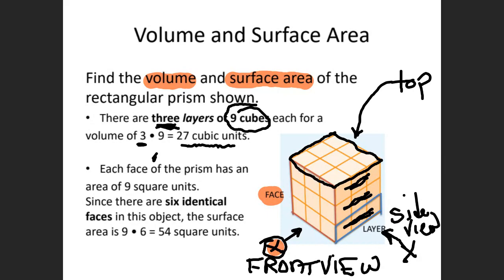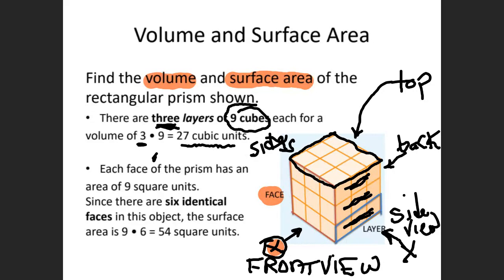If I look at the side view, there are 9 boxes. Now, I know you can't see it, but back here is the back side of the box. That back side has 9 cubes, or 9 little squares. This side view has 9 boxes.